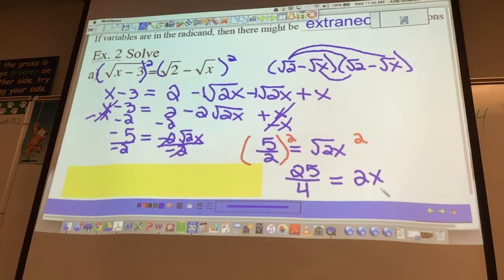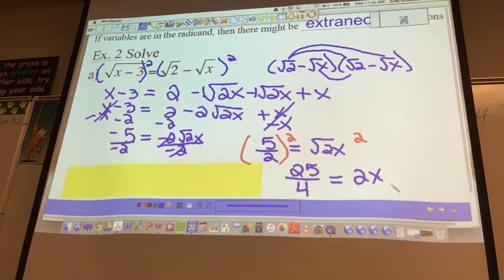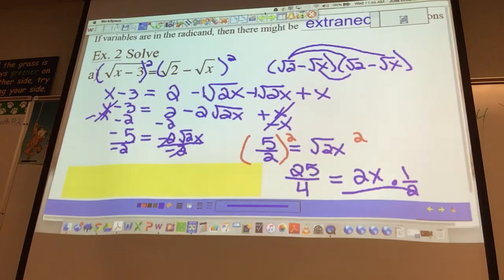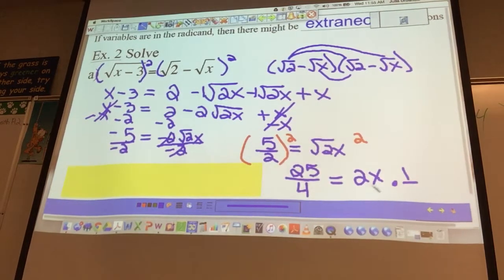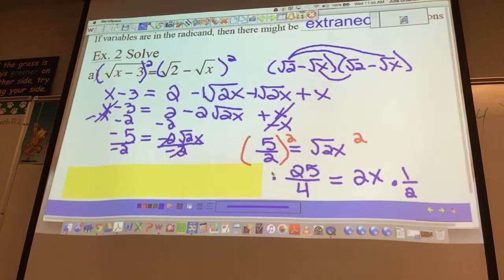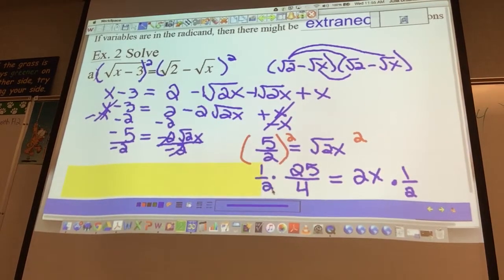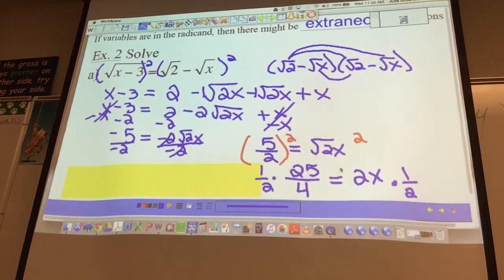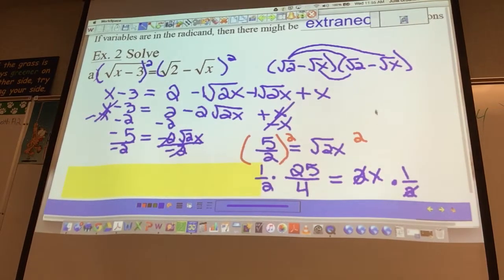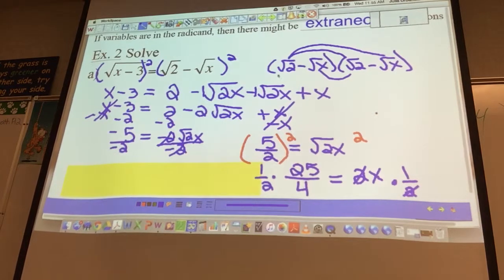Okay, we could divide by 2. I'm going to change it up and make it multiplying by 1/2 just because my other side is a fraction. That's going to make it easier. But dividing by 2, multiplying by the reciprocal, that means the same thing, times 1/2. So my final answer is 25 over what? 8. Good. x equals 25 over 8.